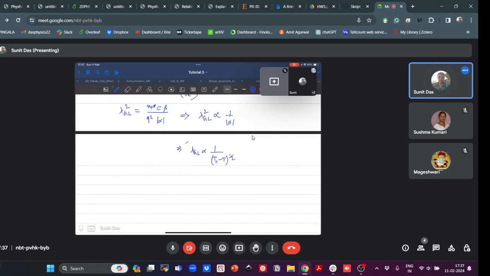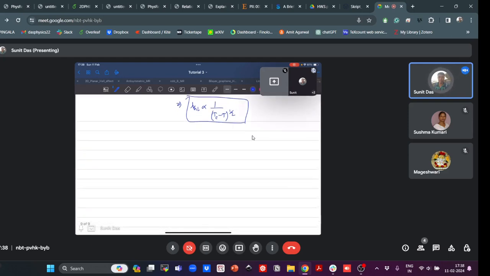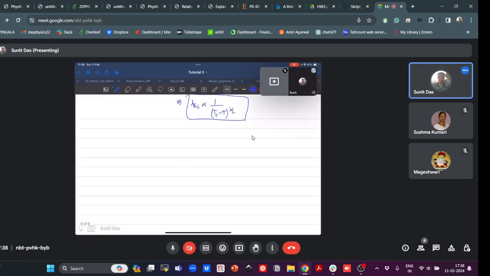So this is how the Ginzburg-Landau length or the London penetration length varies as a function of temperature. They can simply ask how this behaves, derive this equation, or maybe just a plot. In both cases you can derive that starting from the Ginzburg-Landau theory.